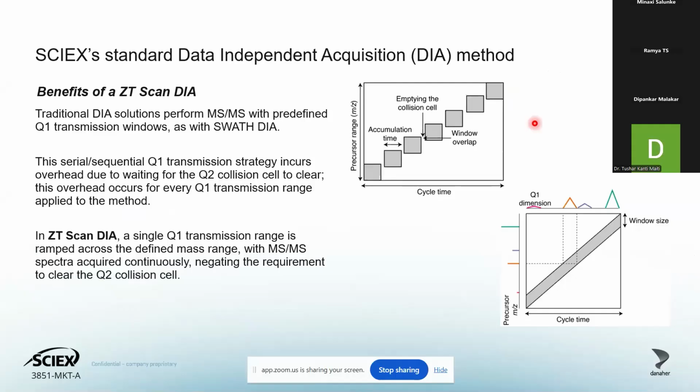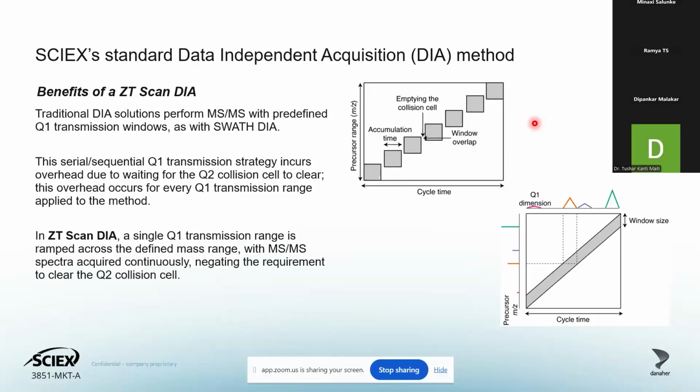These are all sequential MSMS acquisitions. But the problem with this kind of acquisition is that it suffers from overhead when switching from one mass range to the next mass range. This overhead is needed to ensure that the ions transmitted in the previous Q1 mass range have cleared the Q2 collision cell.